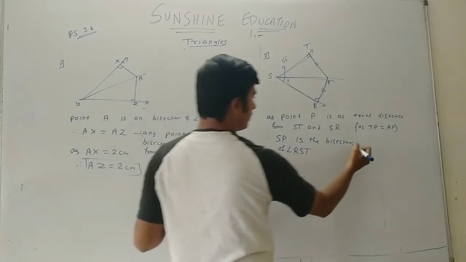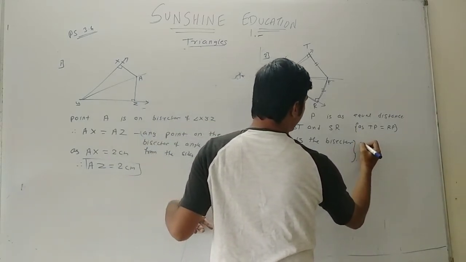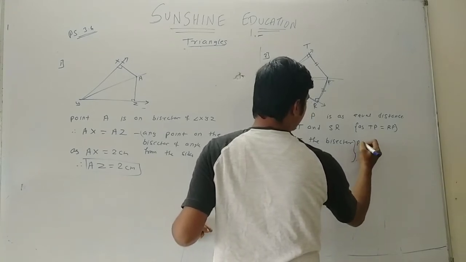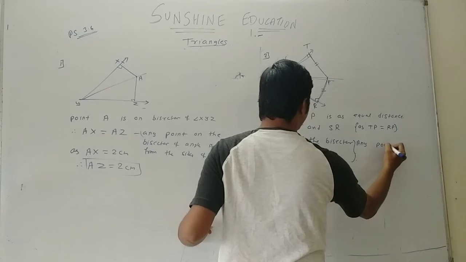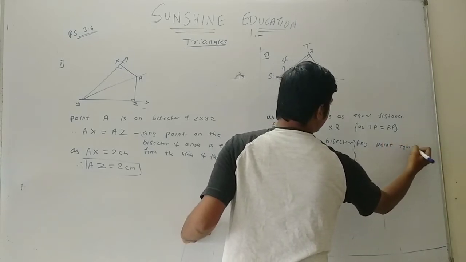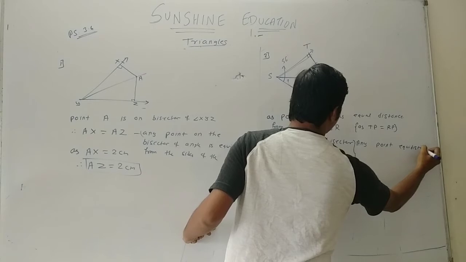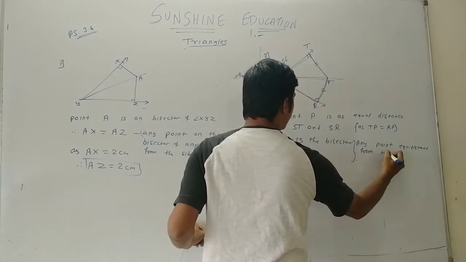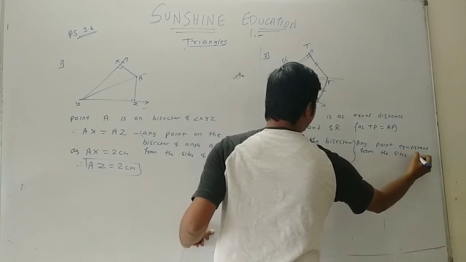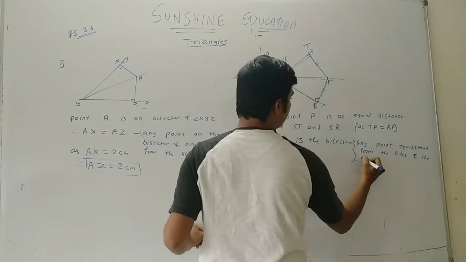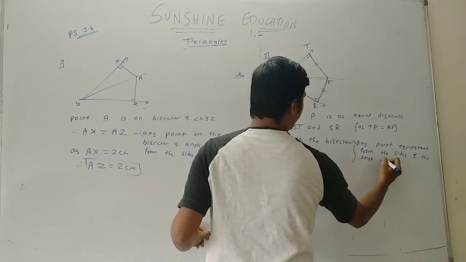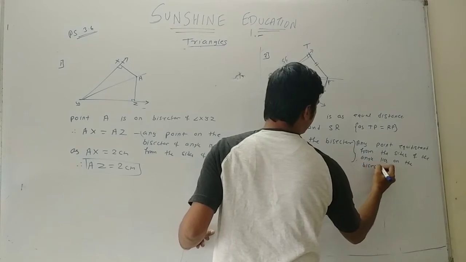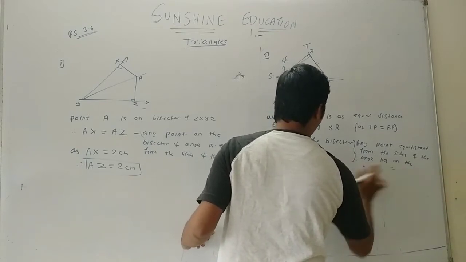Any point equidistant from the sides of the angle lies on the angle bisector.